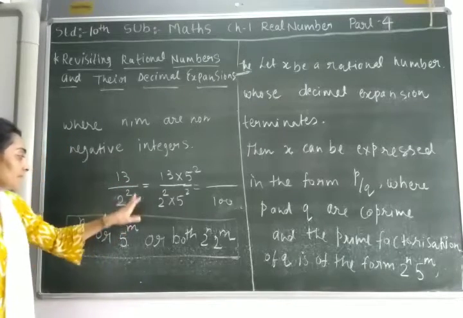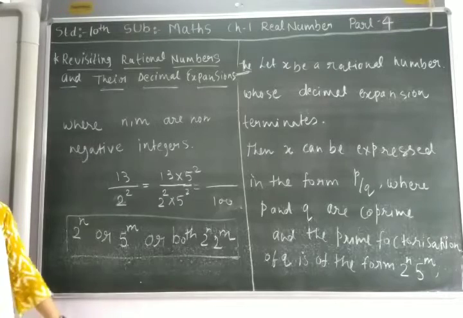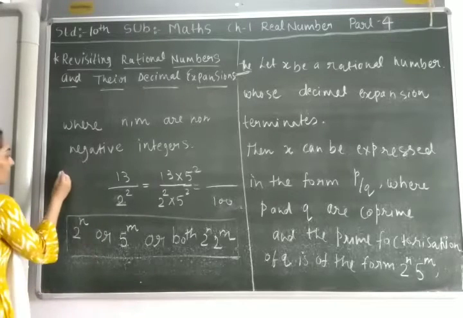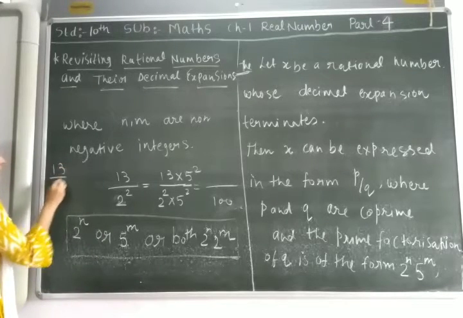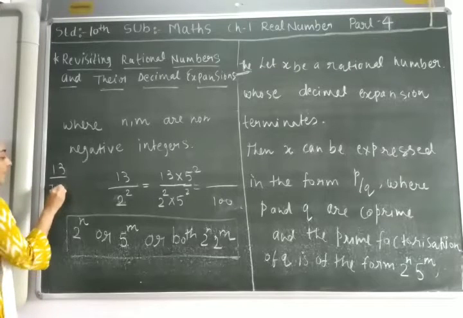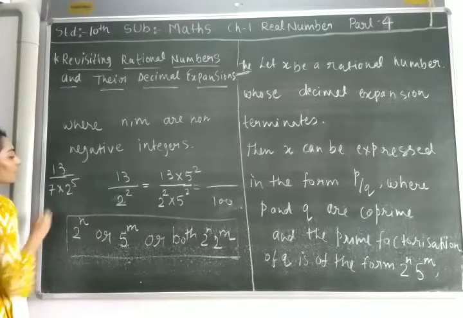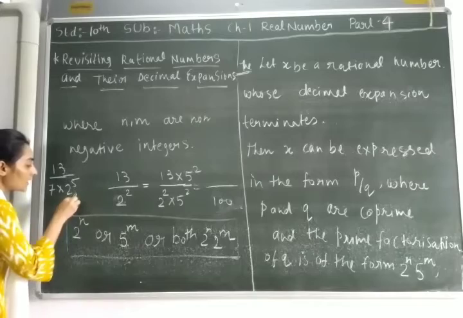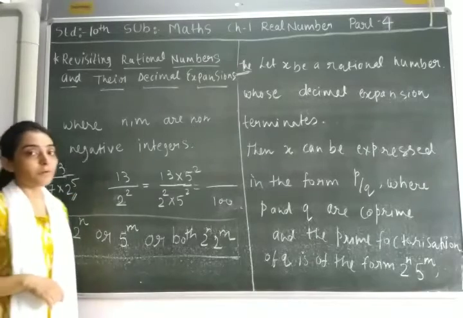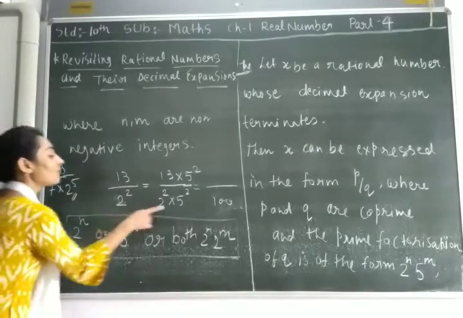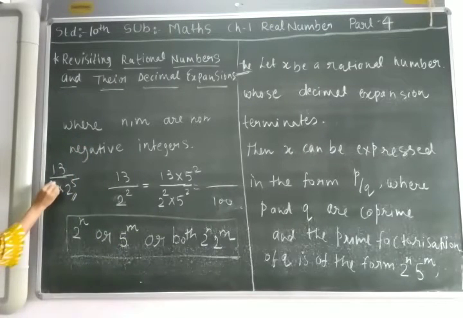We can say it's non-terminating. If it would be like 13 upon 7 into 2 to the power 5, see, 2 is there, that is okay. We don't have a problem with 2 and 5. But here is 7.